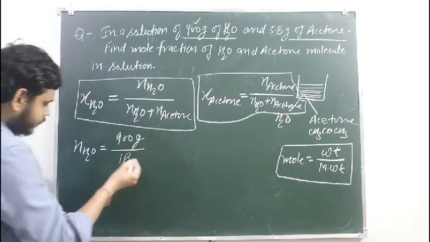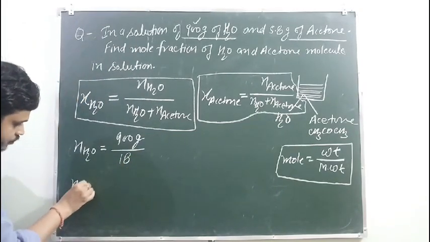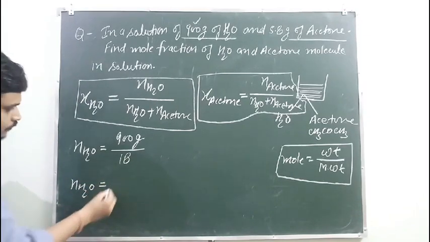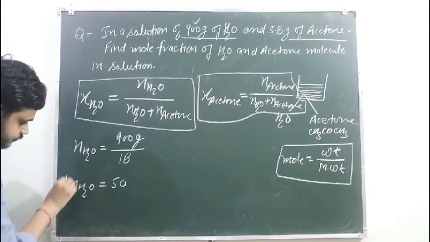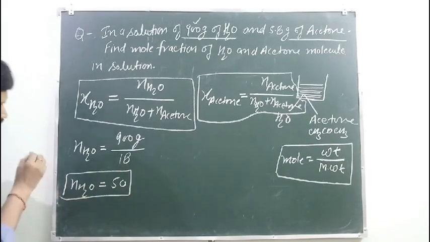So, number of mole of H2O is equal to 50. Clear?